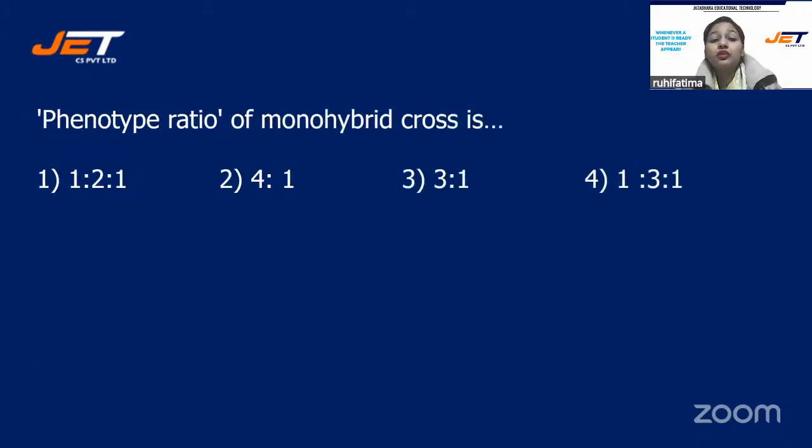Next question. Phenotype ratio of monohybrid cross is, and your options are number 1, 1:2:1, option number 2, 4:1, option number 3, 3:1, or option number 4, 1:3:1?